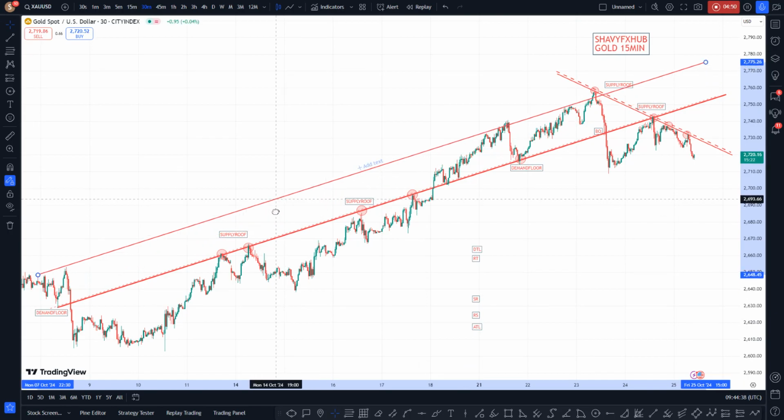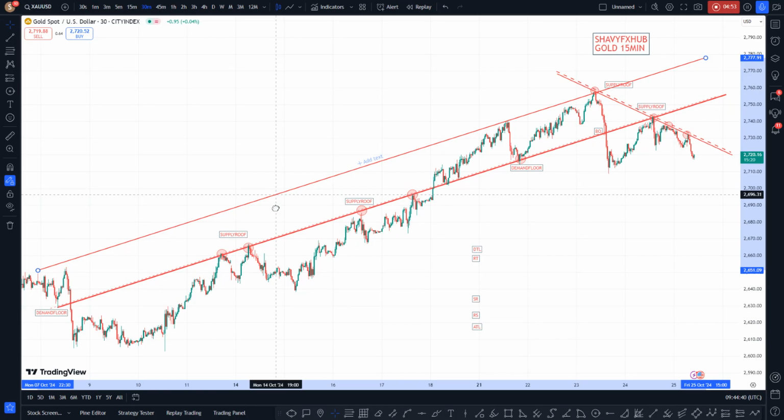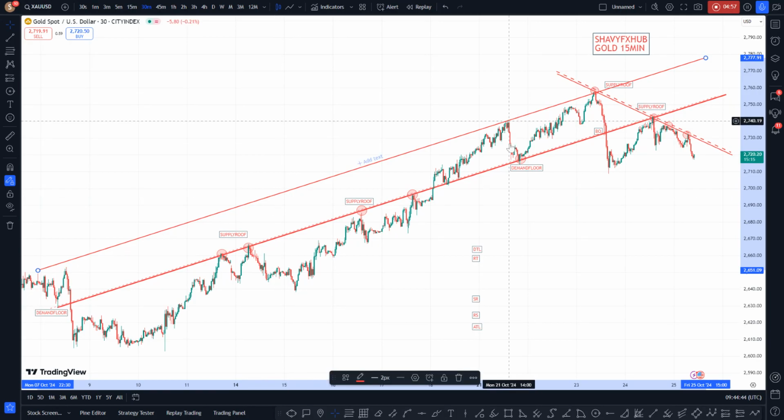You can see the movement after the first all-time high: price dropped and picked up momentum because price returned to the demand floor.